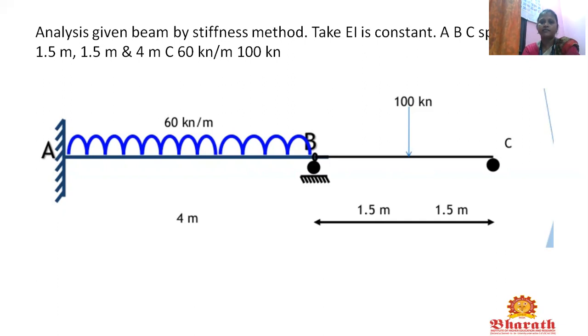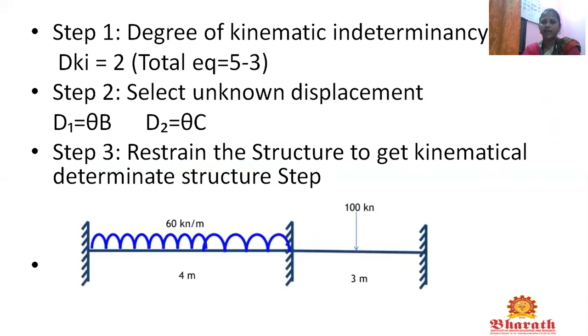Whereas coming to B and C, they are roller supports. In the case of a roller support, the number of reactions is 1. So joint B has 1 and joint C has 1. So the total number of reactions for A, B and C is 5. The degree of static indeterminacy is the total number of reactions minus the number of equilibrium equations available.